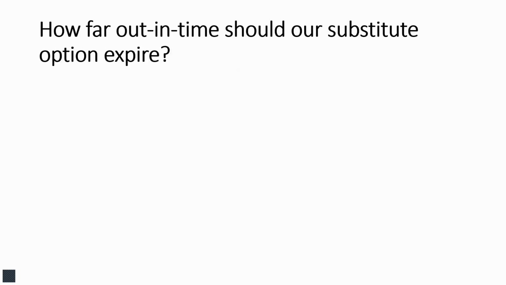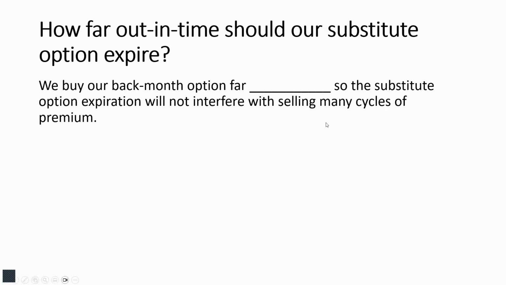And I sort of talked about, when you use these option substitutes, how far out in time you should go. It depends on what you're substituting it for. With our premium trades, we like to sell multiple months of premium. We'll time it so that we sell, for instance, the February option, and then the February option expires worthless. Then there's the March, and then the April.